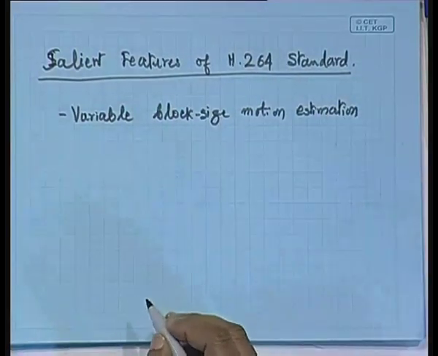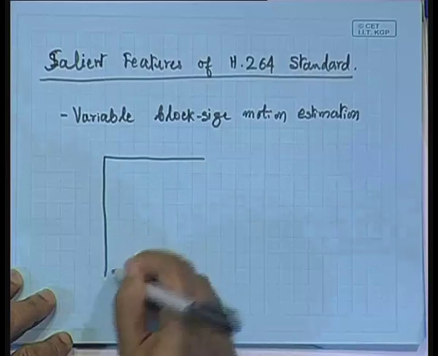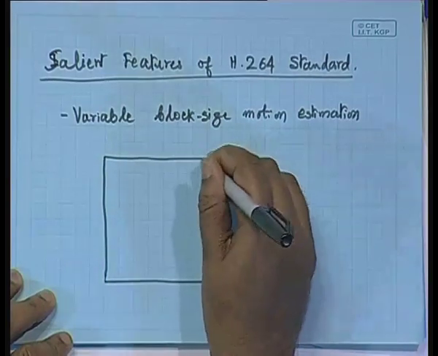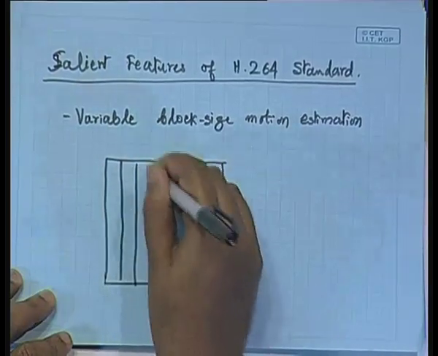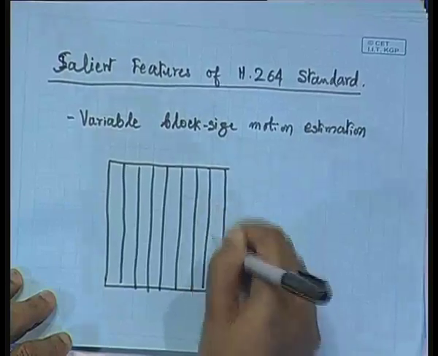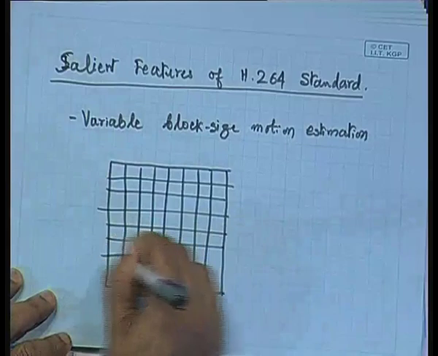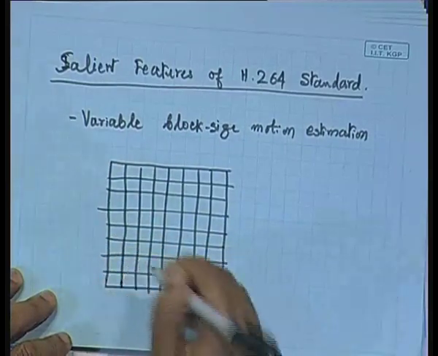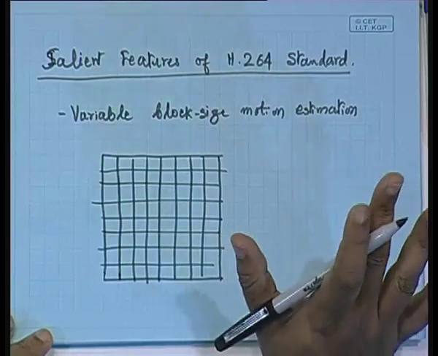So far I was saying that we subdivide the frame into non-overlapping blocks of some fixed size. Fixed size could be 8 by 8. So, conventionally it is partitioned into fixed block sizes.